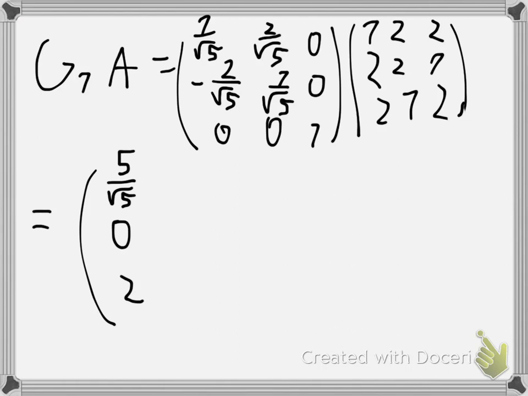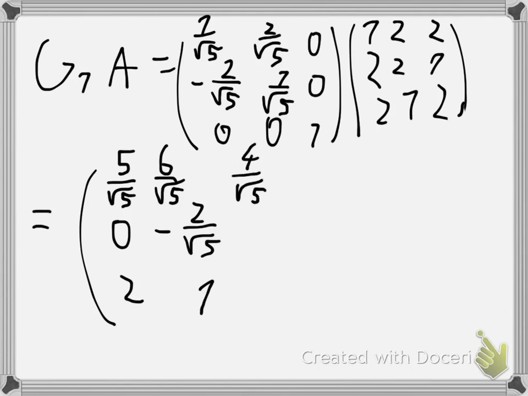Then we will get 6 over square root of 5, negative 2 over square root of 5, 1, and then 4 over square root of 5, negative 3 over square root of 5, and 2.